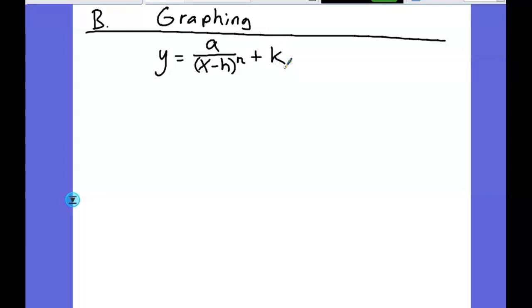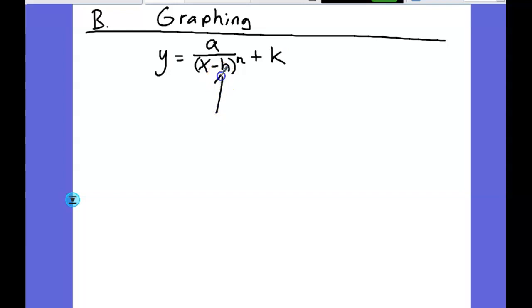Now you guys remember that when you subtract a number from x on the inside, that moves your graph to the right, correct? And whenever you add a number to your function, that shifts your graph up and down, right? So all this is going to be doing is shifting our graph around, okay?